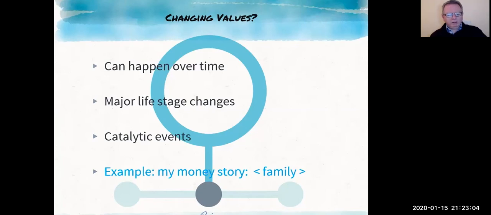So for me, I said I'd give you this example. My money story. Before I had the family, before we had kids, my economic value was something like a 10 out of 100, right? Average being about 65. So you could see that I wasn't really thinking about money at all. It wasn't an important thing to me in any way, shape or form. But once I had a family, I realized I had responsibilities to provide for this family that I decided I was going to have.